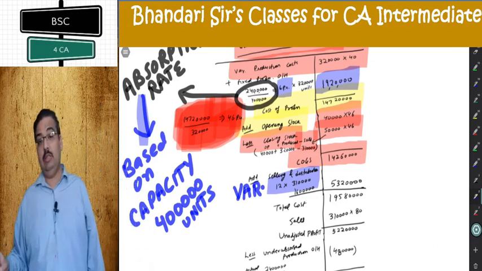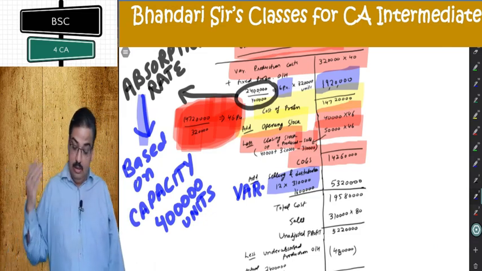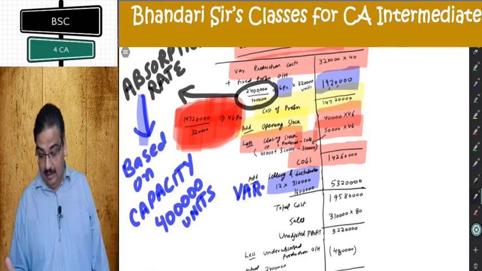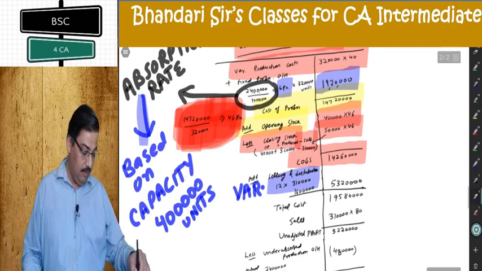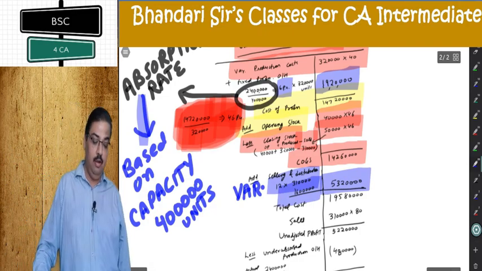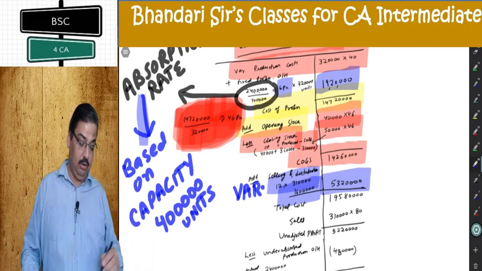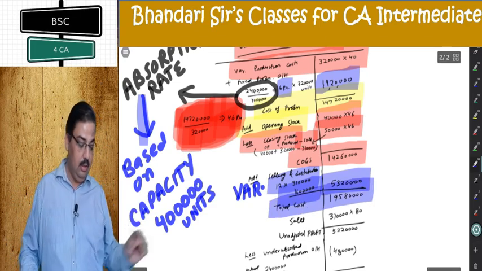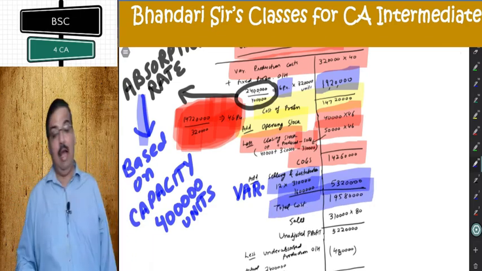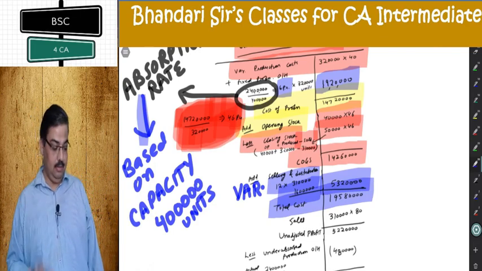The fixed cost I am not charging on absorption base, I am charging on actual base. The fixed cost was given at 16 lakh, I am charging the whole of that here directly. So total selling and distribution cost is 53 lakh 20,000. Add in cost of goods sold, you get total cost 1 crore 95 lakh 80,000.